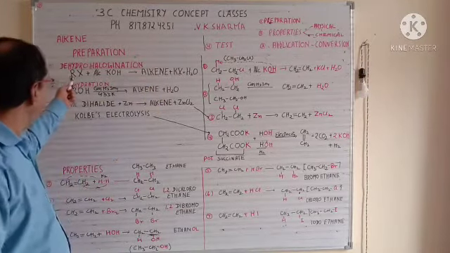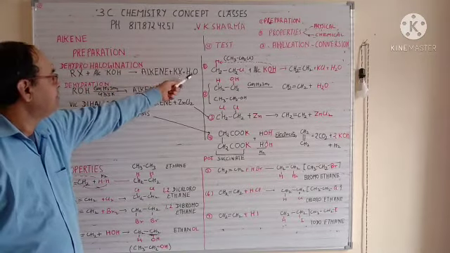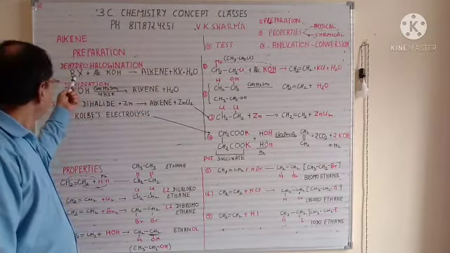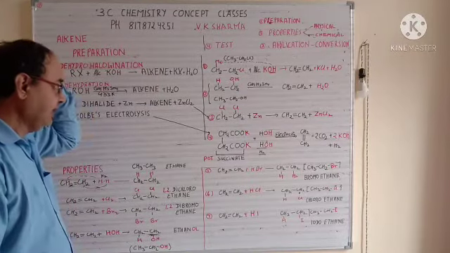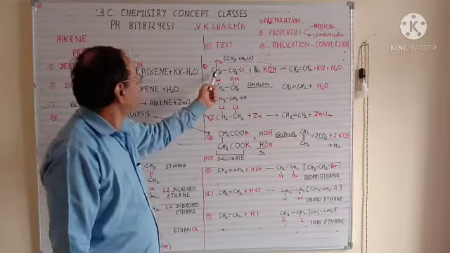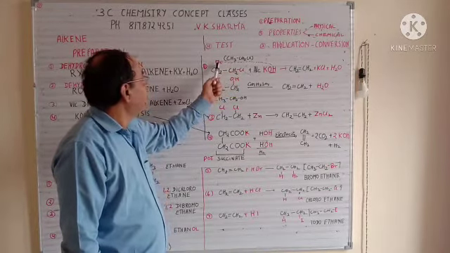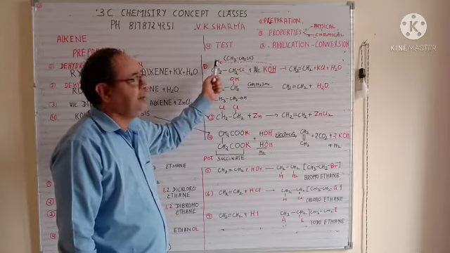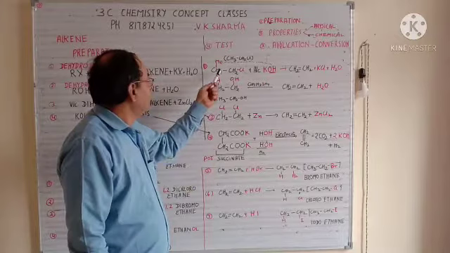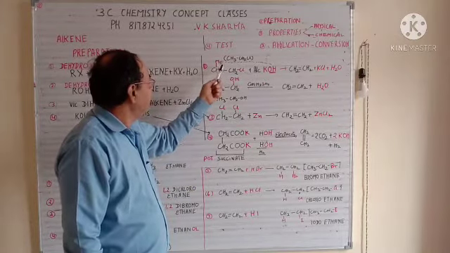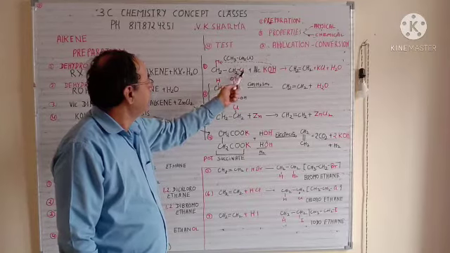So let's take an example. RX plus alcoholic KOH gives you alkene plus KX plus H2O. Whatever the R you take, you will get the alkene with the same number of carbons. For example, let's take CH3CH2Cl. I have purposely written the H in this way so that you can understand which H is going where. This H is extracted, although it is a CH3, and this CH2 has Cl.